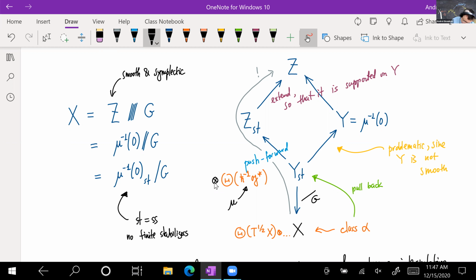And so in the end, if you put these two and two together, you see that you're getting something which is a polarization of Z, which makes sense, that is symplectic, times degree 0.